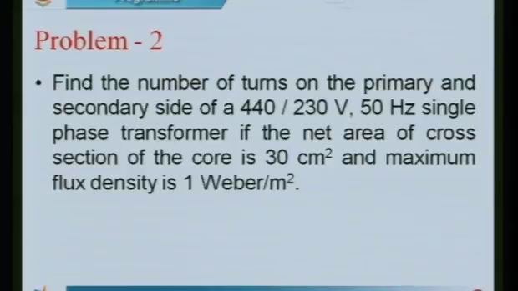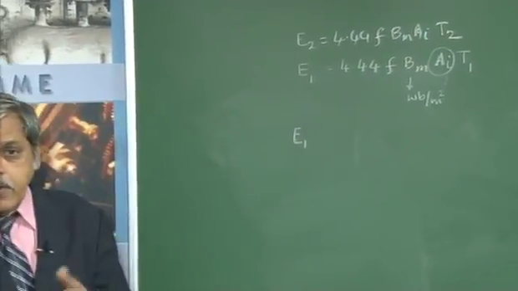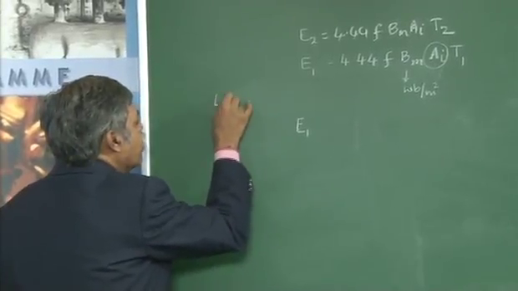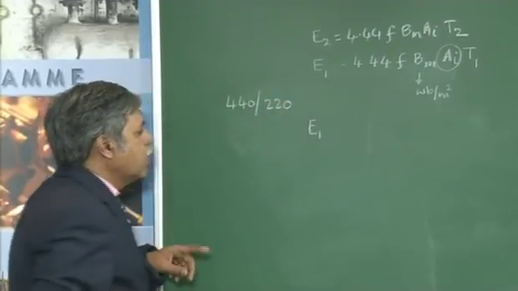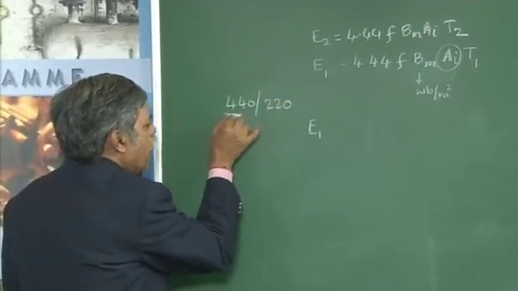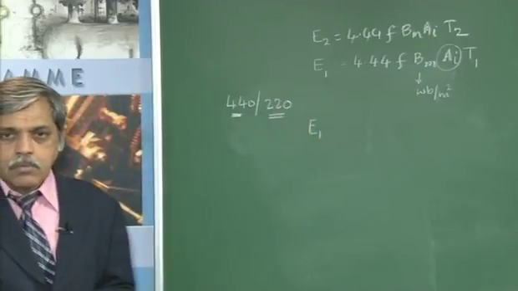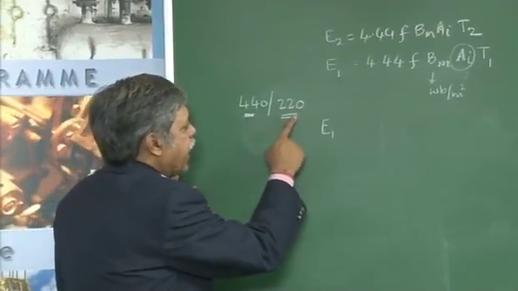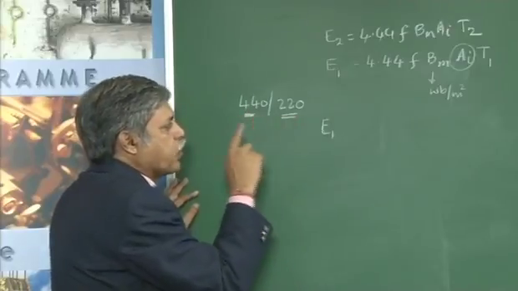I will just take the first equation. I know the voltage E1. I need to see the transformer rating, 440 divided by 230. The first rating is always for the primary, the second is for the secondary winding. So the primary winding voltage is larger and the secondary winding voltage is smaller, therefore the transformer is a step down transformer.